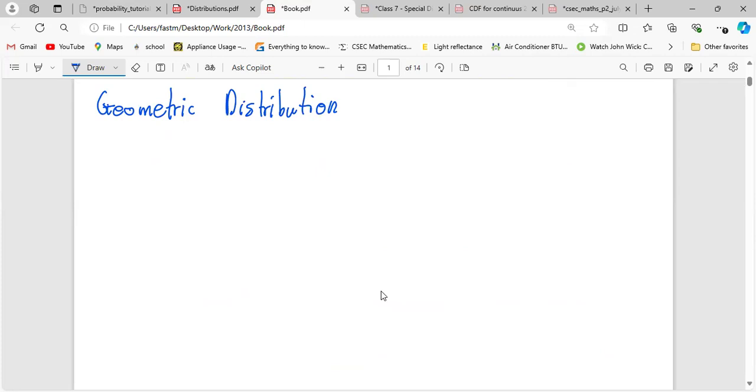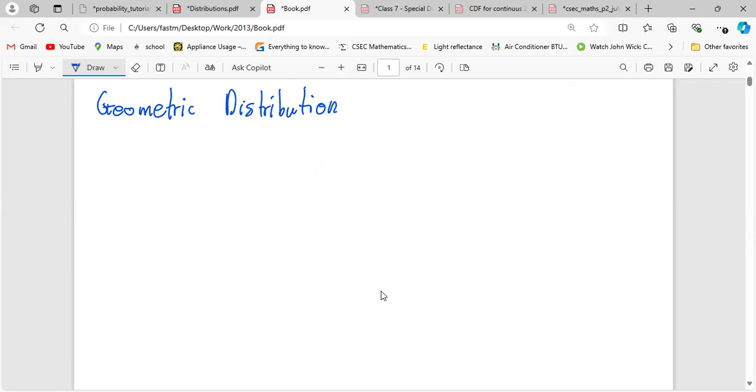That is the geometric. They want to know when the thing actually will happen. They don't care about anything else. It's the probability of a success actually happening in the first trial, or the ninth trial. This is basically lottery.